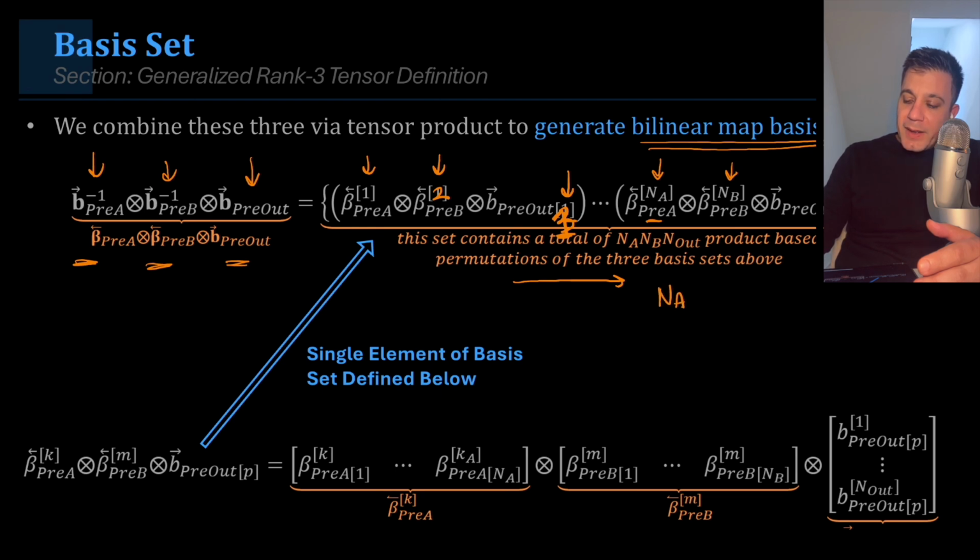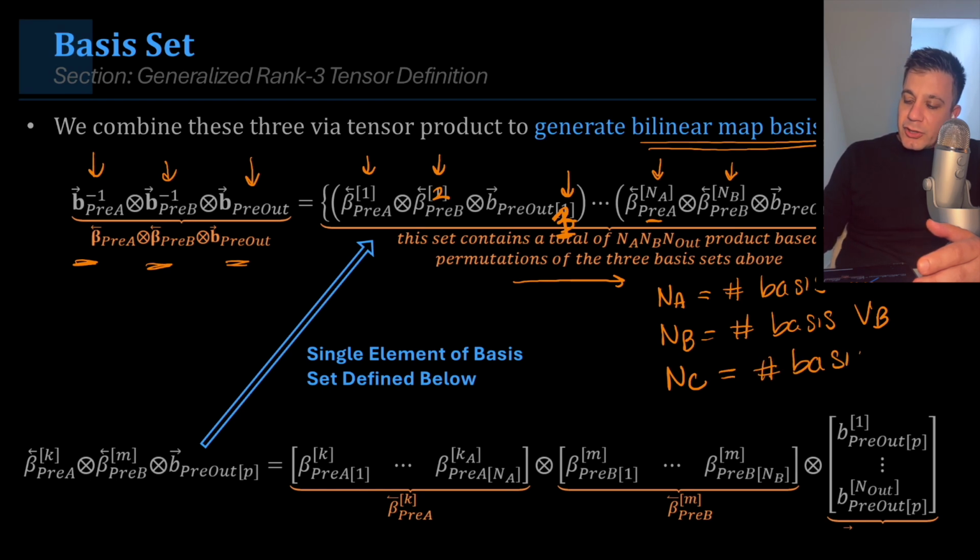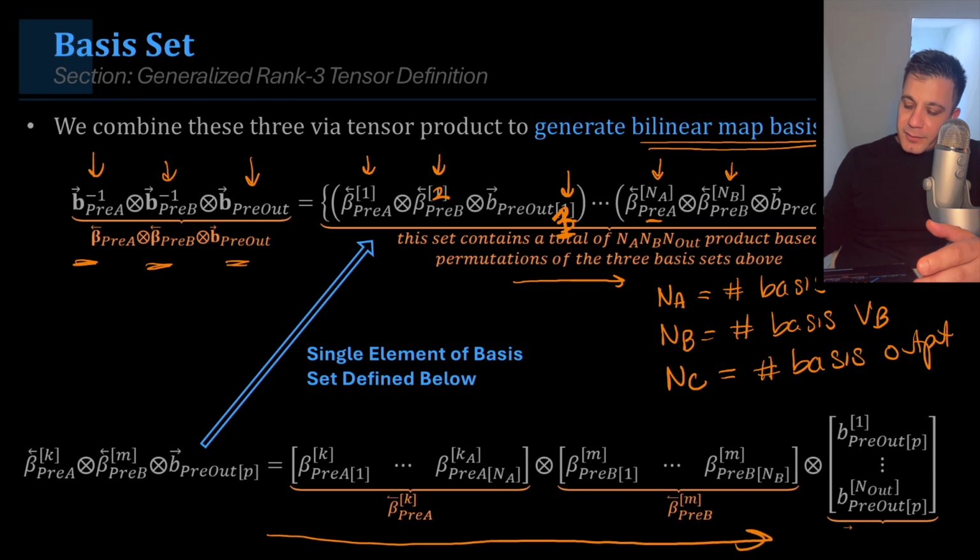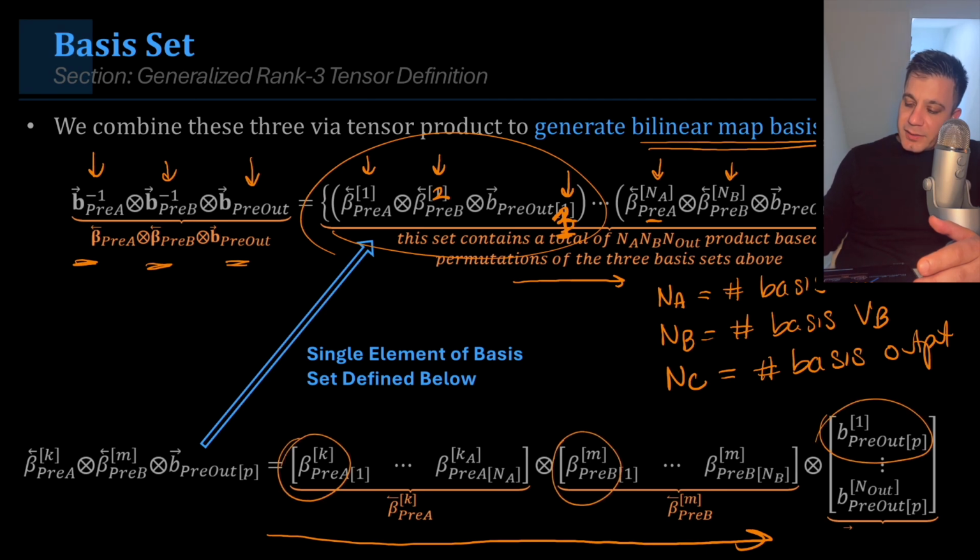So NA represents the number of bases associated with input VA, and NB the number of individual basis vectors associated with VB, and NC, which I guess I really should have called N out, the number of bases associated with the output. And here's just an expanded version of that, where we can see, if we recall our understanding of the tensor product, the first element is simply this times this times this, right?